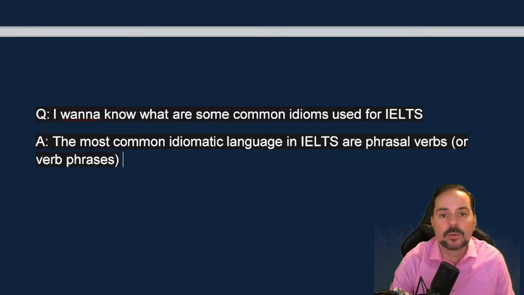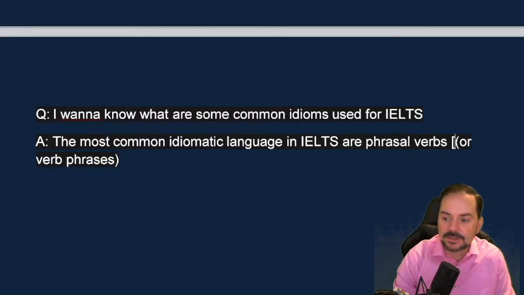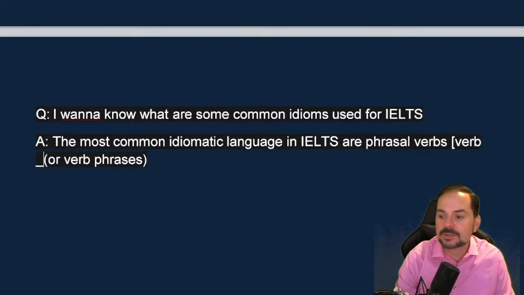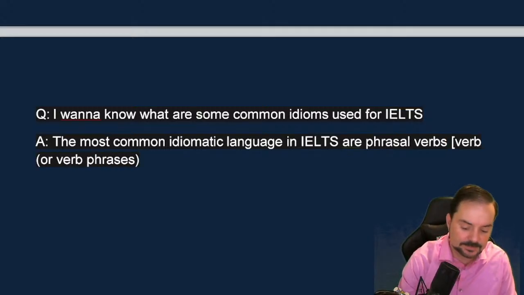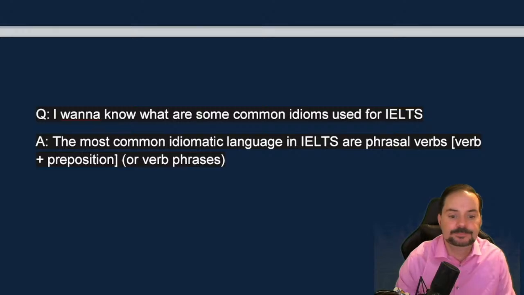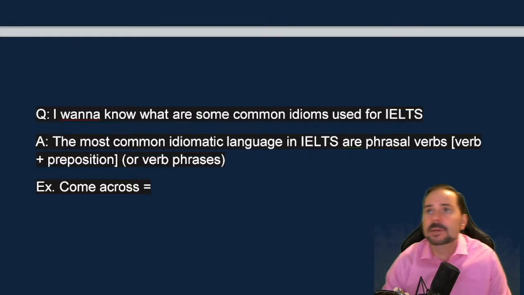Verb phrases are when you have a verb and a preposition, okay? So phrasal verbs, that means a verb plus a preposition. Okay, let me give you an example here. All right, so for example, the phrasal verb come across. I like this one. Okay, come across means, anybody know?